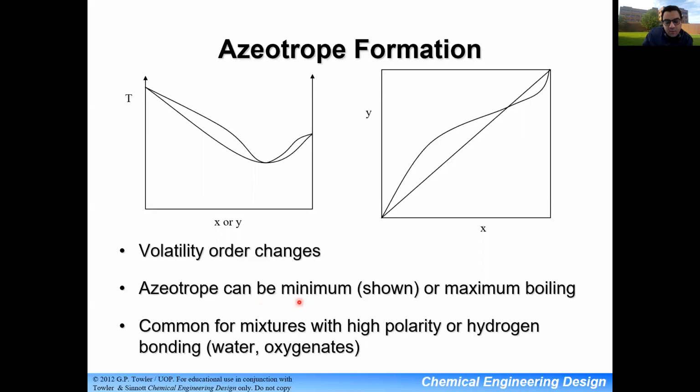And you can have minimum or maximum. So instead of having it in this direction, it could be the opposite direction. And it's common for mixtures with high polarity or hydrogen bonding, that type of thing. So water, oxygenates, just be careful with them. They always make azeotropes.